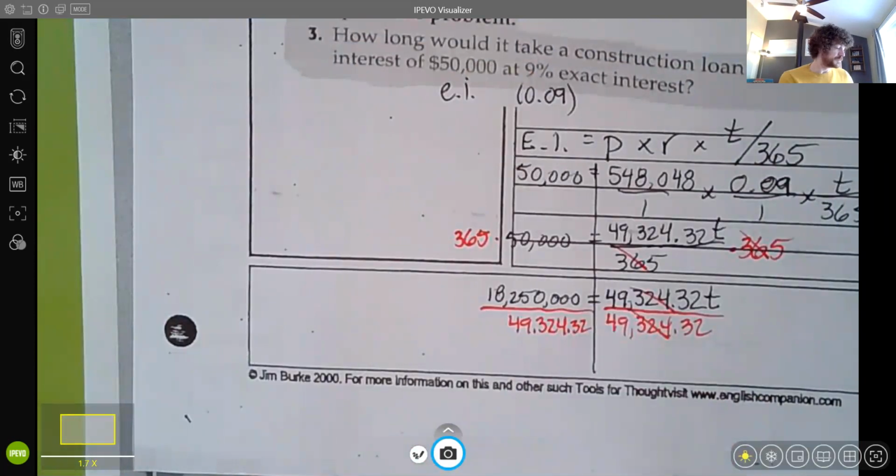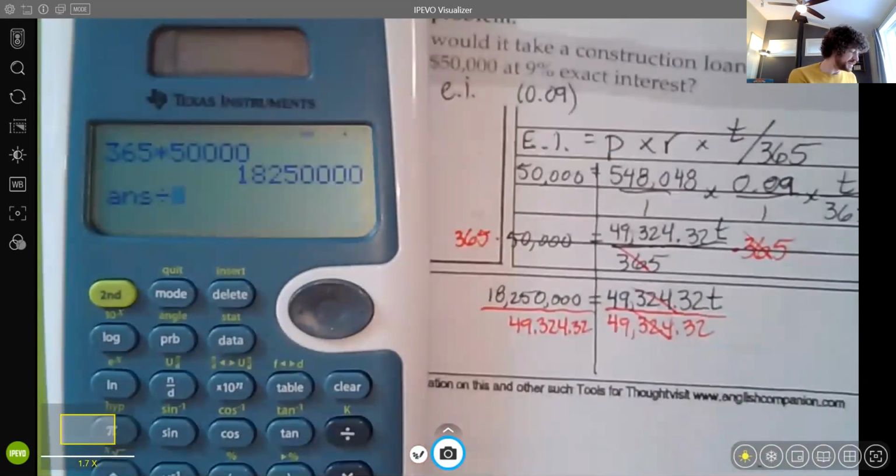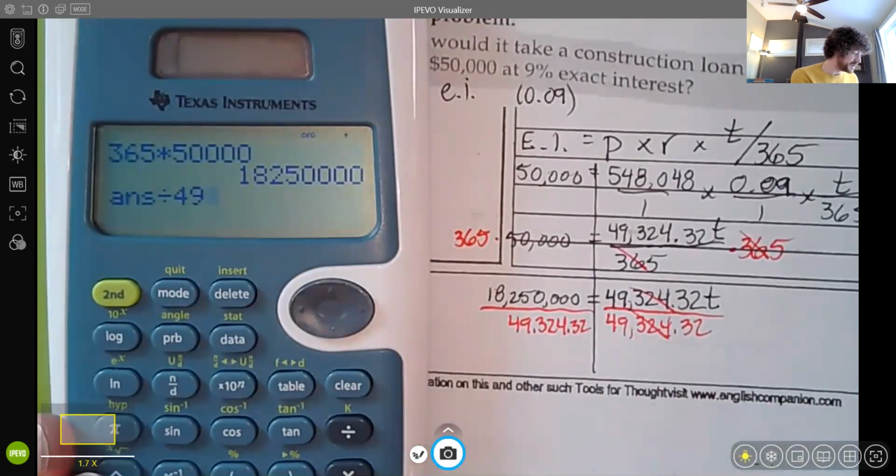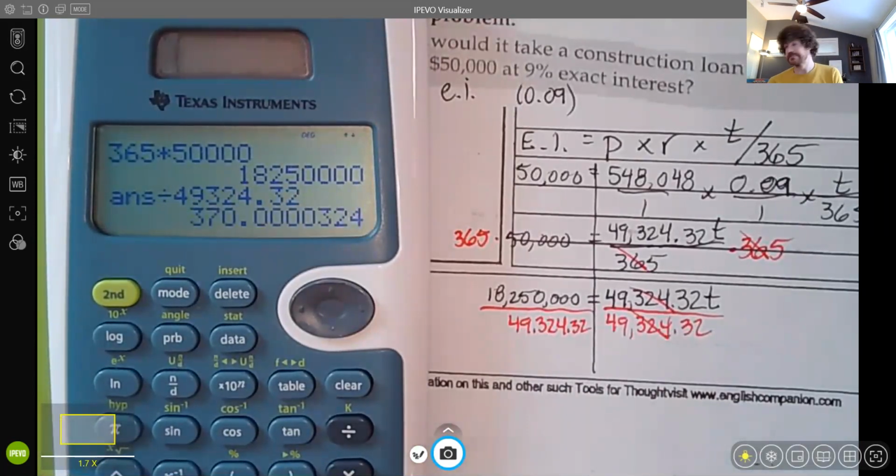And hopefully we'll get a nice number of days here. Divide by 49,324.32. What do we get? 370. And that's really close to being an exact number, but it is 370.